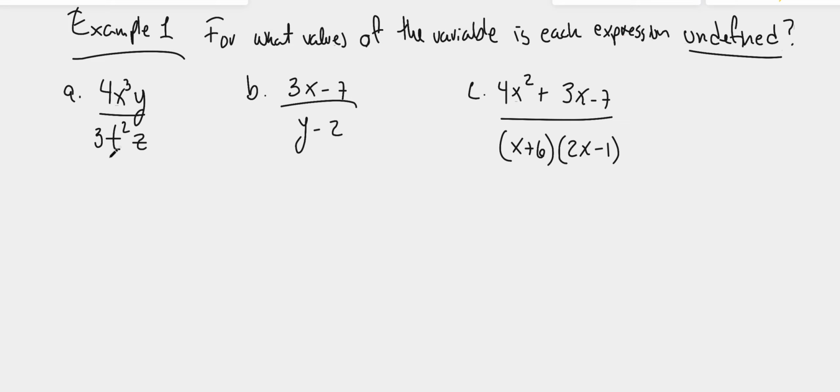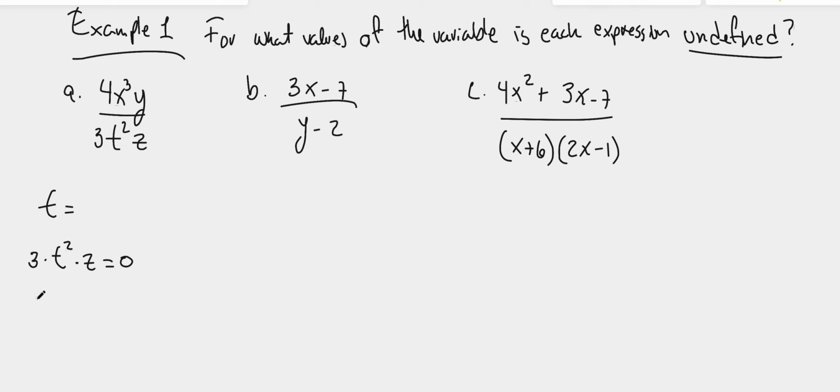Let's start with t. What value can I make t so that the whole thing on the bottom is equal to 0? If you're multiplying 3 times t to the power of 2 times z, what value can I make t so that everything else is equal to 0? Think about that for a moment.